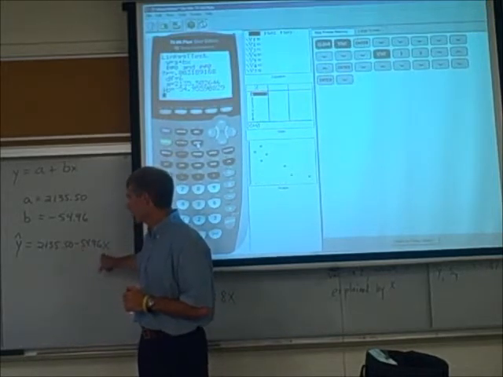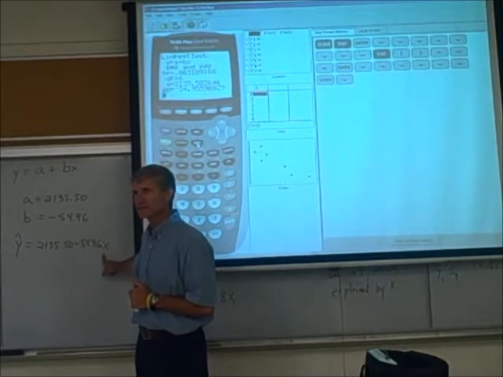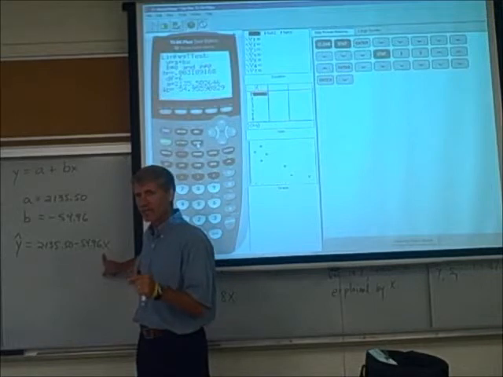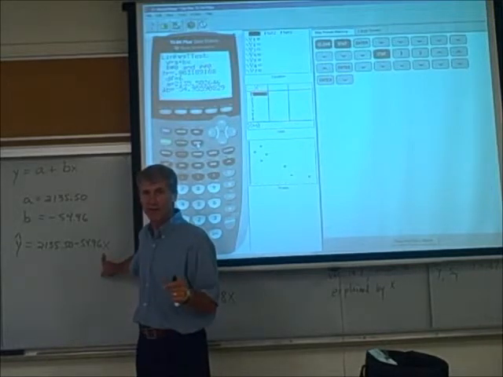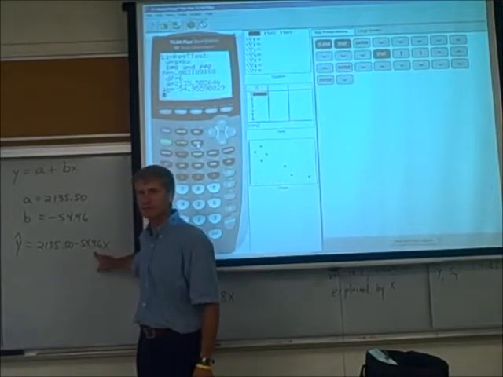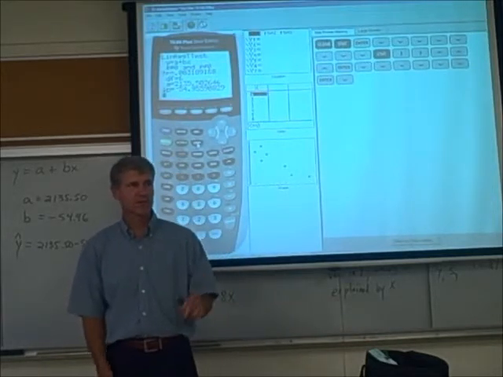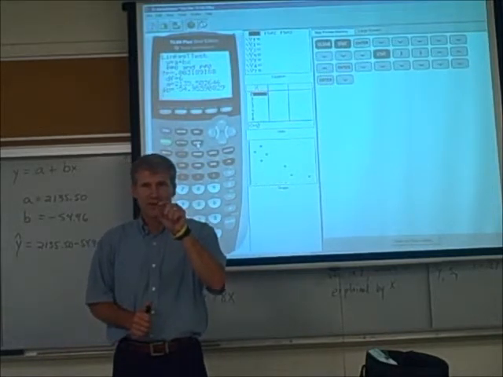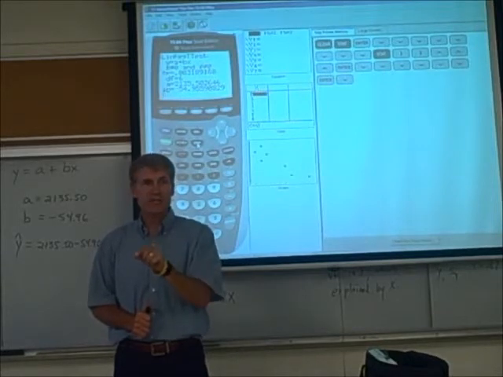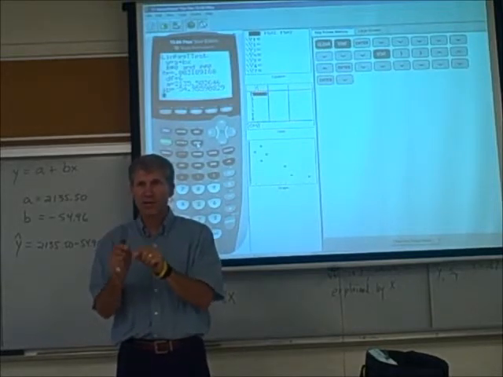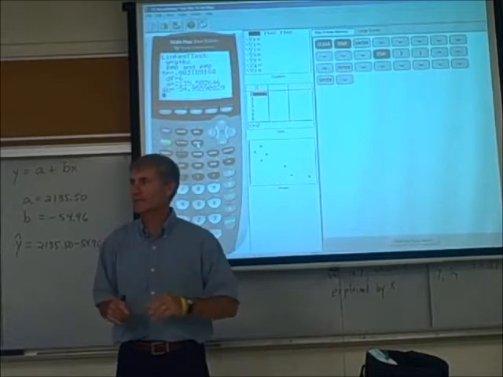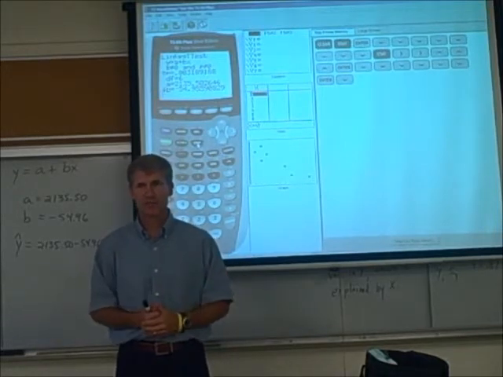So for every 1 unit change in x, so as a mountain bike increases in weight by 1 pound, what happens to its price? It goes down $54.96. That's what I want as your answer. That's the predicted decrease in cost for every 1 pound increase in weight. It's a rate of change.